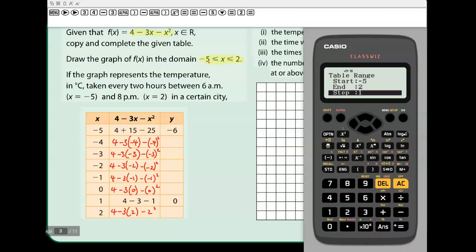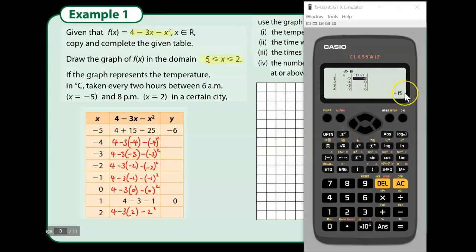And lastly, the step. The step is going to be 1 because we're going up 1 each time. That's usually the case. Occasionally, you might get a different step, but it's very rare. So press equals again, and we now have a set of data there.